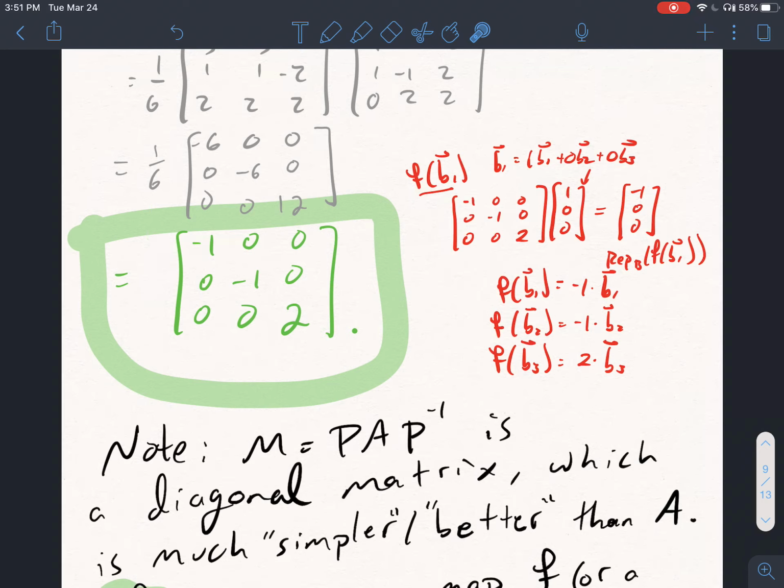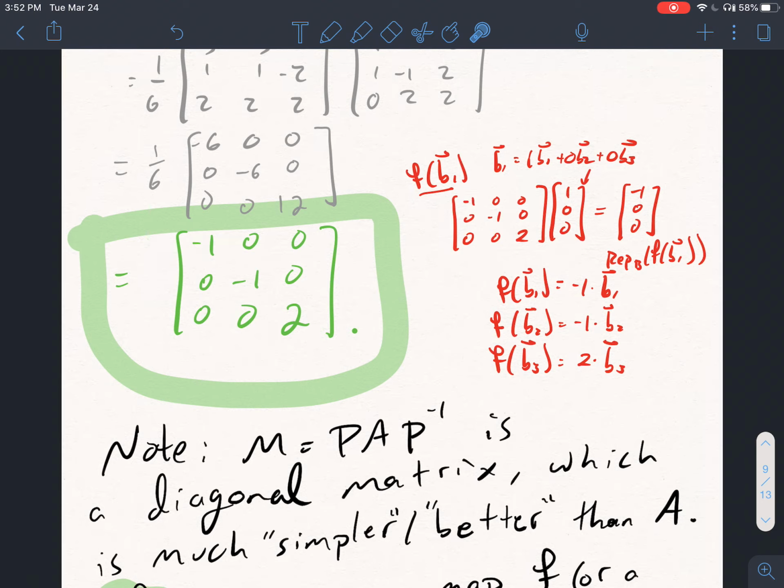So this diagonal matrix times 1, 0, 0 is equal to -1. So I get first row times that column is equal to just -1. Second row times that column, 0 times 1 plus -1 times 0 plus 0 times 0, that's 0. And then similarly, third entry should also be 0.